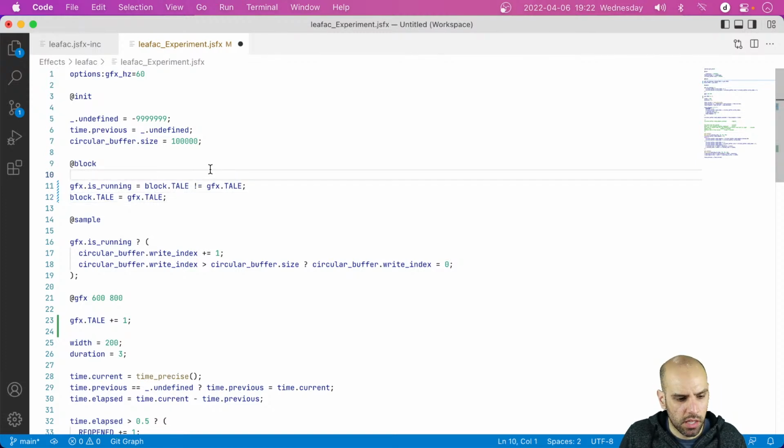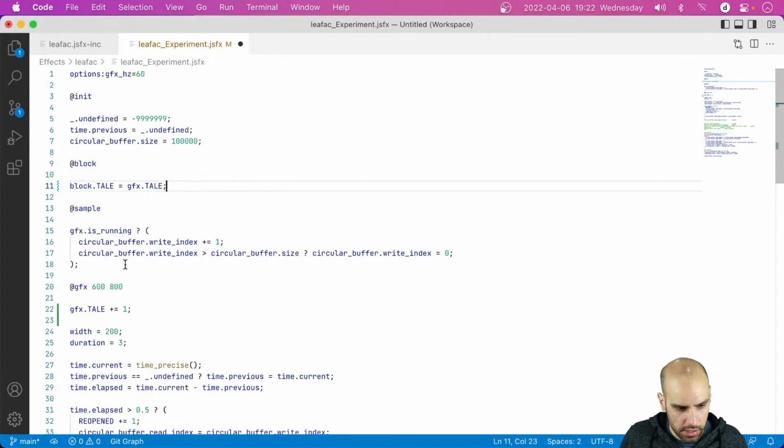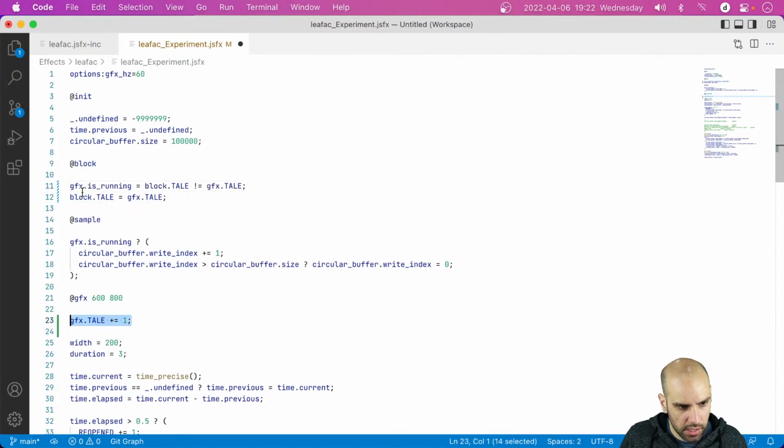Yeah, how about this? I think that there is a way of doing this with counting. So anytime that we run the GFX block, we add 1. Oh yeah, okay, I think I got this. We'll have a GFX tail as well as a block tail, and I'm just counting on both.